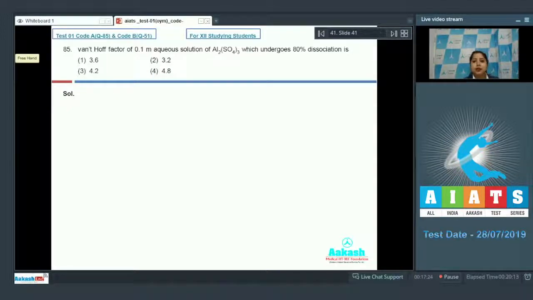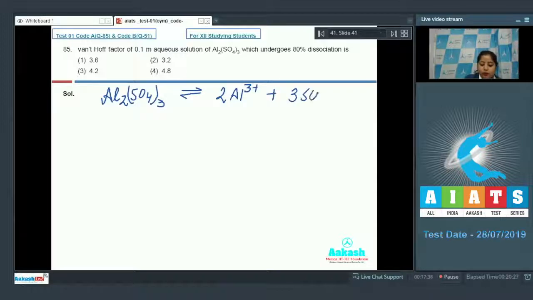Class, let's consider the dissociation of aluminium sulfate, Al2(SO4)3. On dissociation it gives 2 Al3+ and 3 SO4 2-. Let's take the number of moles of aluminium sulfate initially as 1. So the number of moles of Al3+ and sulfate ions will be 0 initially.